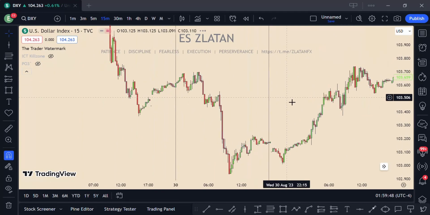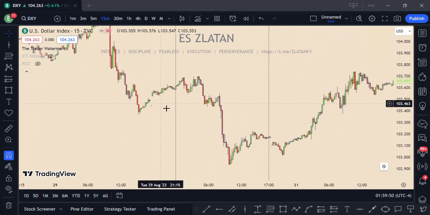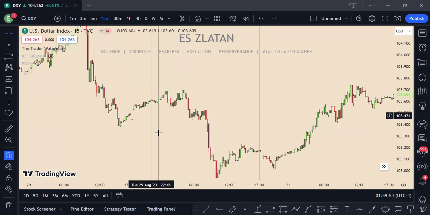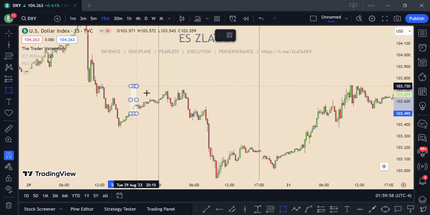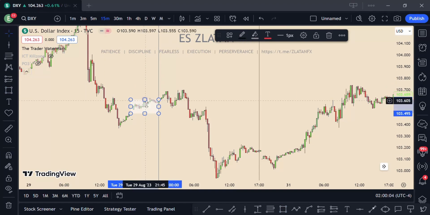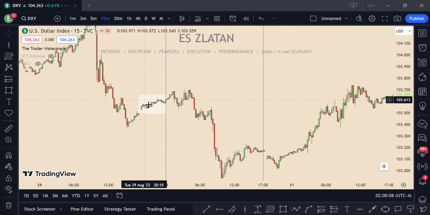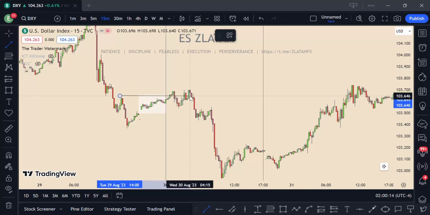So on Wednesday, we had this accumulation right here from the Asian session, this whole accumulation right here, and we had this old high right here.